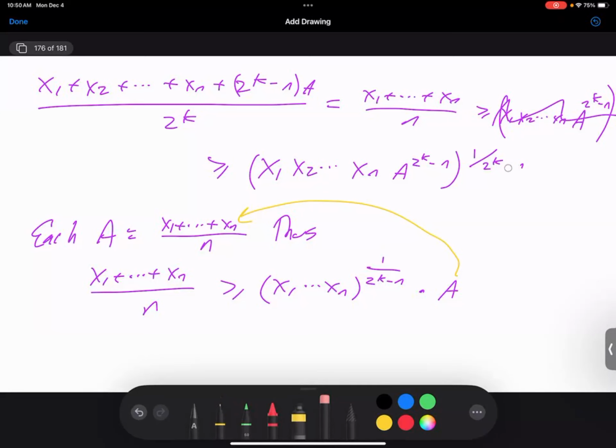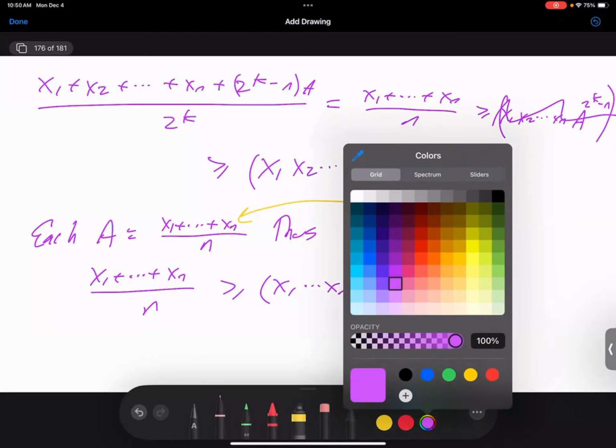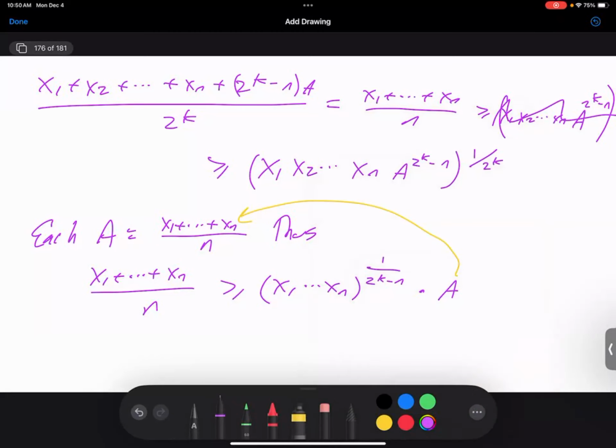We're just taking it to the 2 to the kth root. There we go. So this is then going to be to the 2 to the k, and then over here this is going to be 2 to the k minus n over 2 to the k. And so over here this is just a.